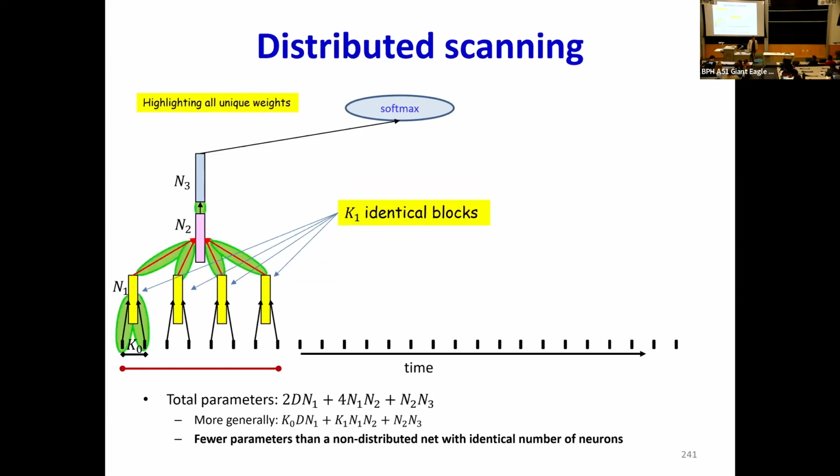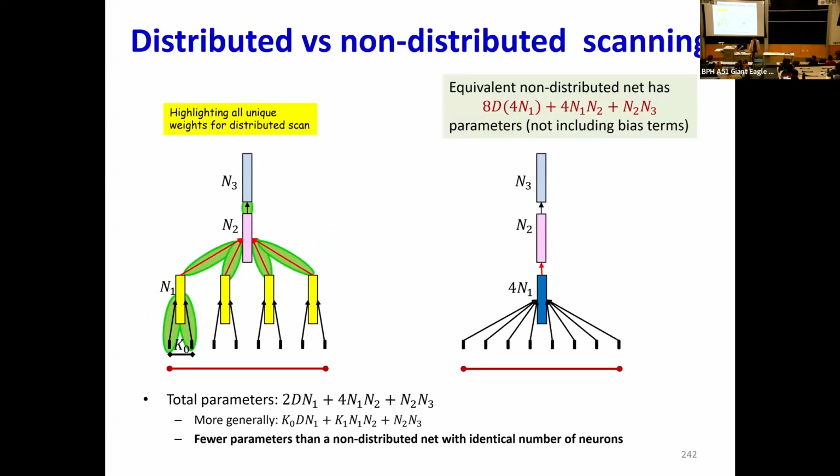These are all the unique parameters over here, everything that's highlighted. Earlier, you needed all 8 of those things in the first layer to be unique. If you begin comparing them, it's very easy. You can look at the slides. The number of parameters is going to be much fewer when you distribute the scan.